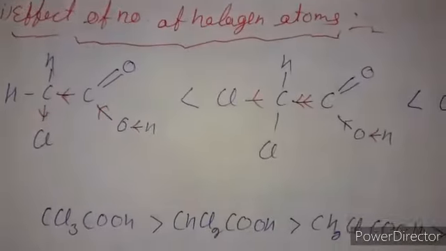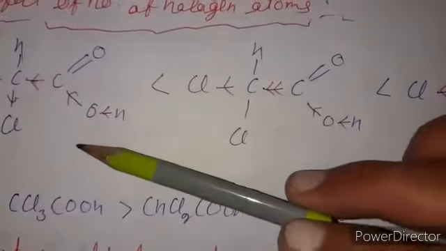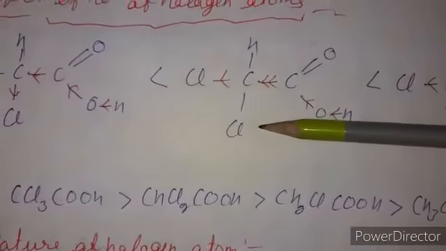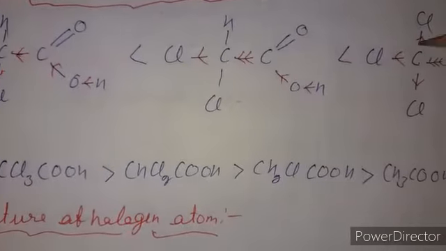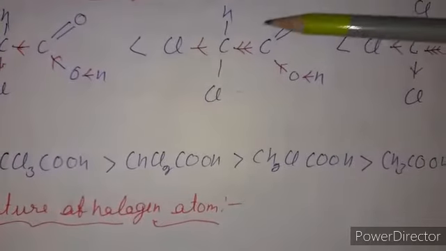Next we discuss the effect of the number of halogen atoms. If there is one halogen atom, that compound is less acidic as compared to one with two electron withdrawing groups. If three electron withdrawing groups are attached to the carboxyl carbon, that has more acidic character as compared to this.